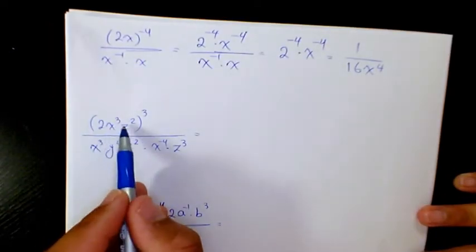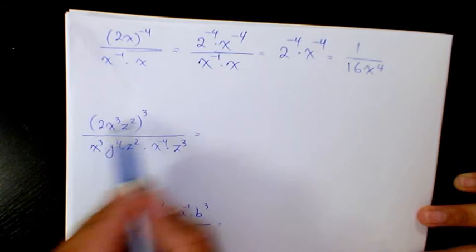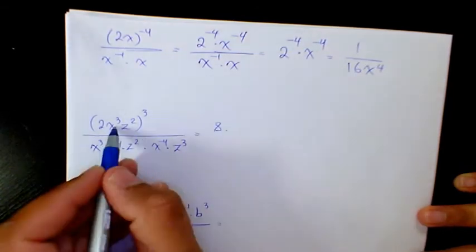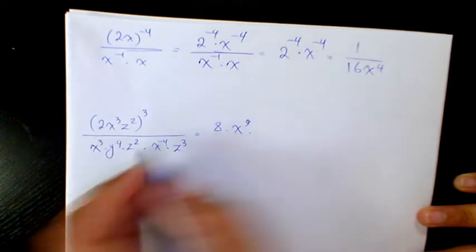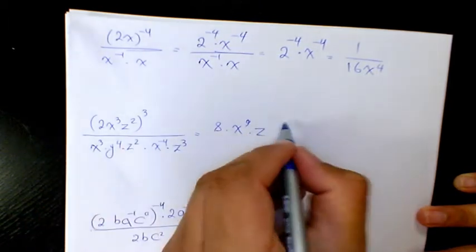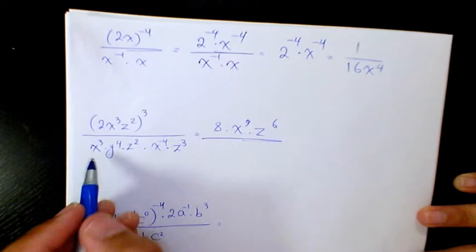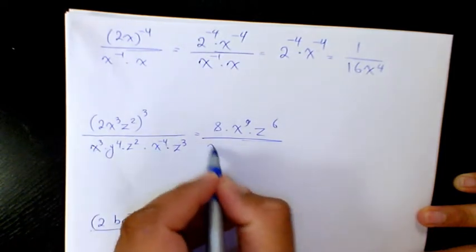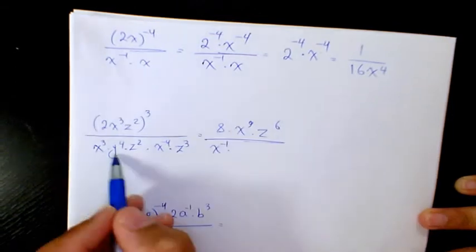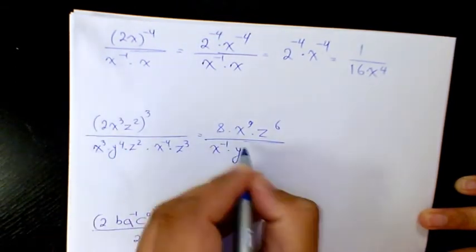Next example. 2x cubed z squared. 2 to the power of 3, 8. X cubed to the power of 3, 3 times 3, 9. Z to the power of 2 times 3 is going to be 6. Here, x to the power of 3 times x to the power of negative 4, so it's going to be x to the power of negative 1. Y to the power of 4.